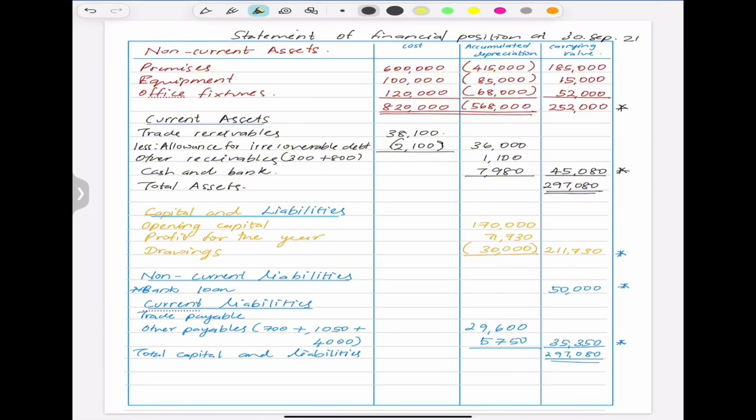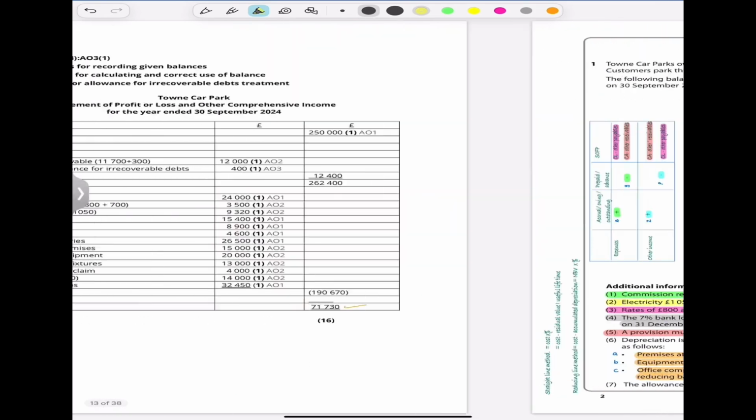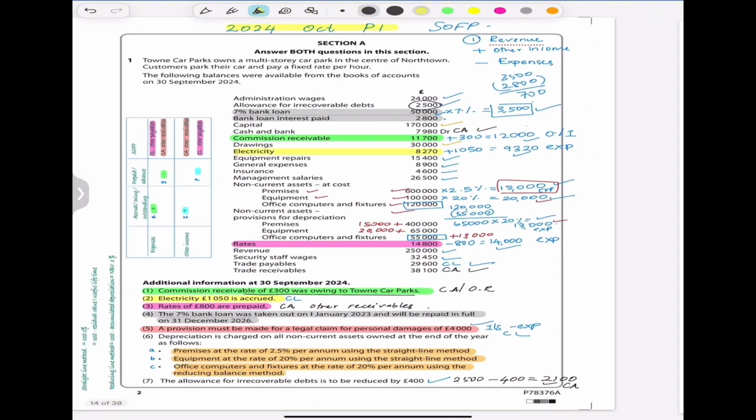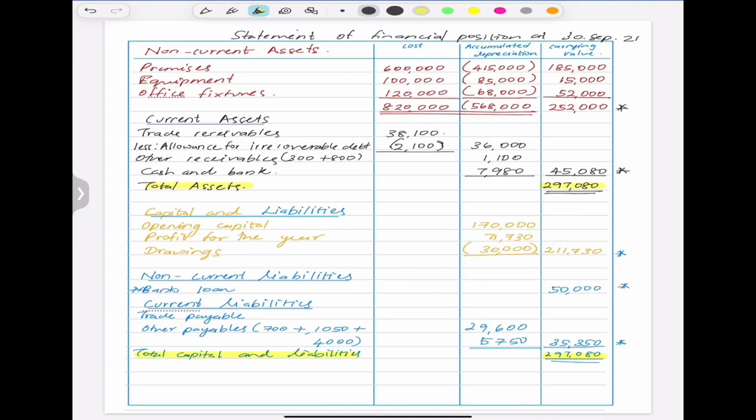In order to check the accuracy, remember your total assets should be equal to the total capital and liabilities, which is 297,080. Now we have completed in the previous session the income statement, which is the statement of profit and loss and other comprehensive income, and the second half is the statement of financial position.